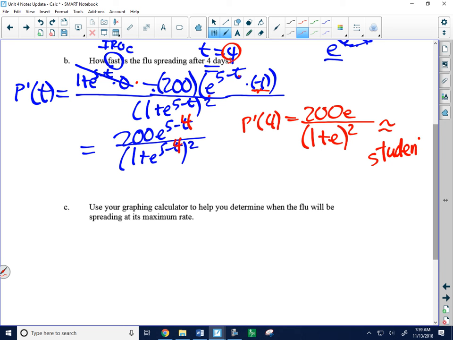How fast is it spreading? The number of students per day. I got about 39.3. So it's spreading pretty quickly there.